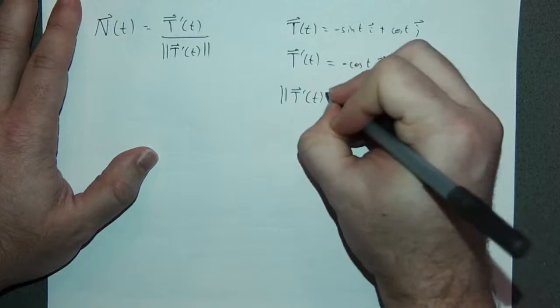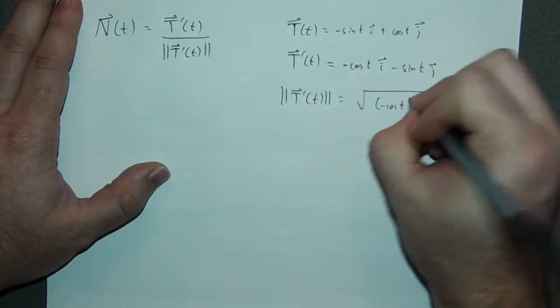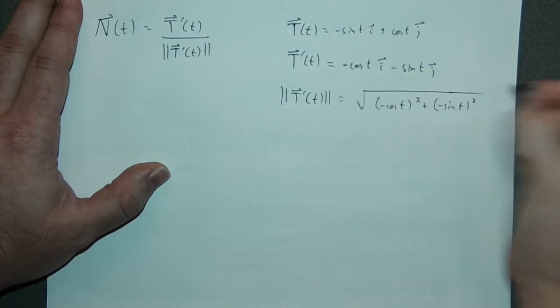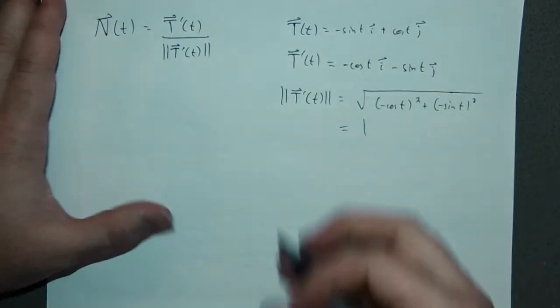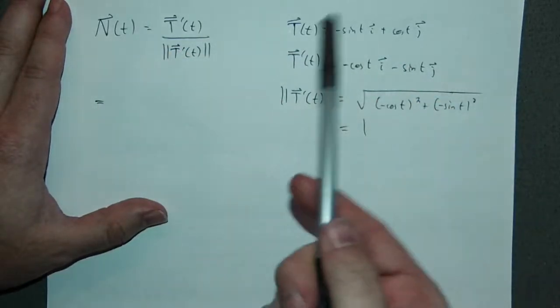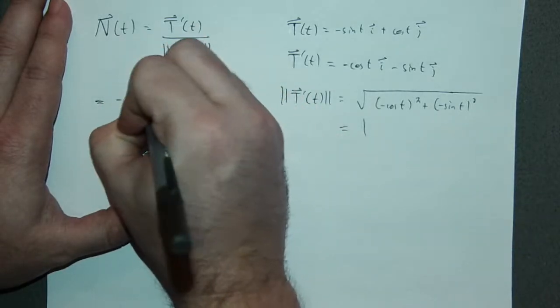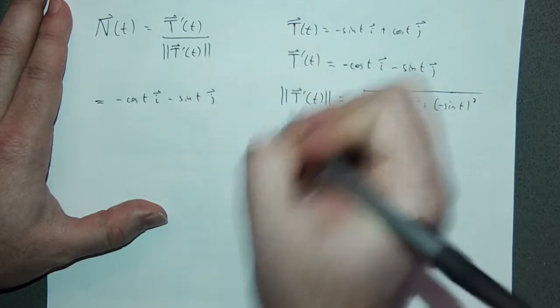The length of T prime of t is the square root of minus cosine t squared plus minus sine t squared. Well, this is 1. And so my normal vector is pretty easy to compute here. My normal vector is just T prime divided by 1, so it's just T prime. It's just minus cosine t i minus sine t j.